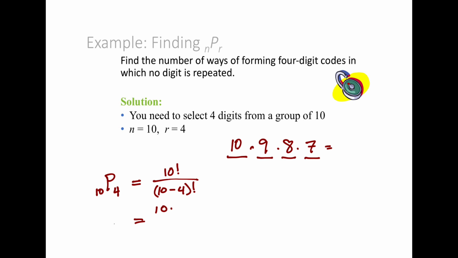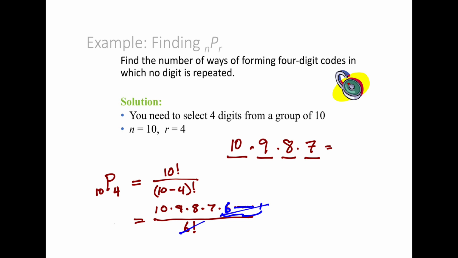So let's see how this would work itself out. That's 10 times 9 times 8 times 7 times 6, and so on and so forth, all the way down, divided by 10 minus 4 factorial, which is 6 factorial. Of course, 6 factorial is this number and everything less than that number all the way down to 1.